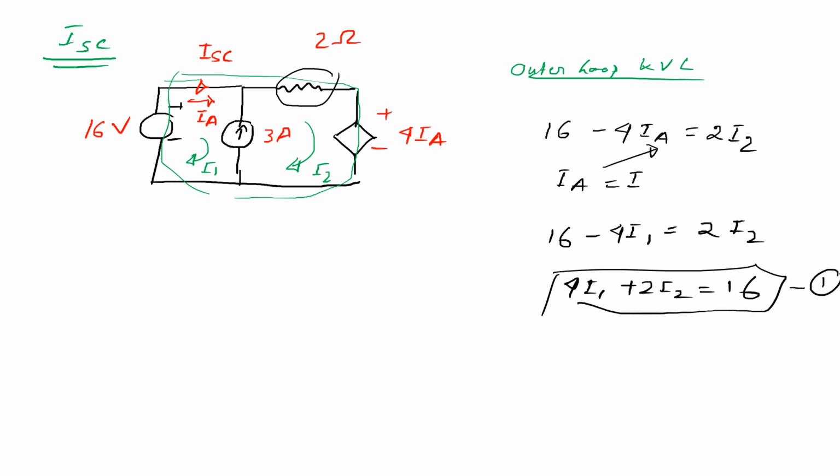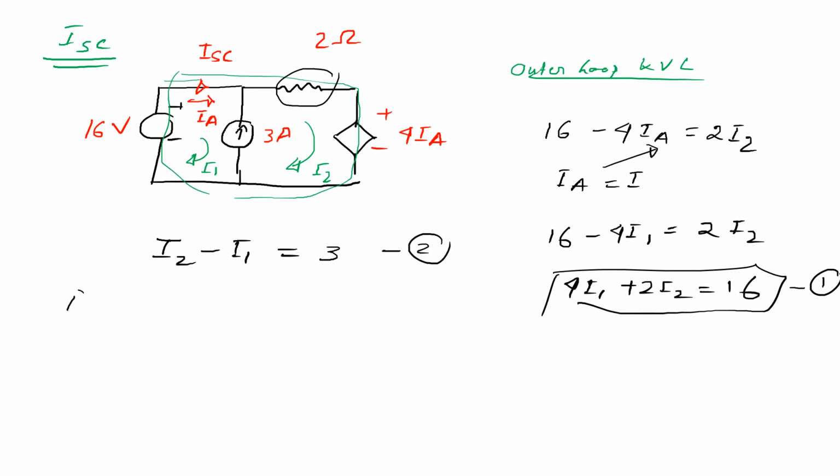And similarly for this current source, we can write I1 in this direction and I2 in that direction. So if I write the equation for the current source, we can write I2 minus I1 is equal to 3 ampere. This is equation 2.